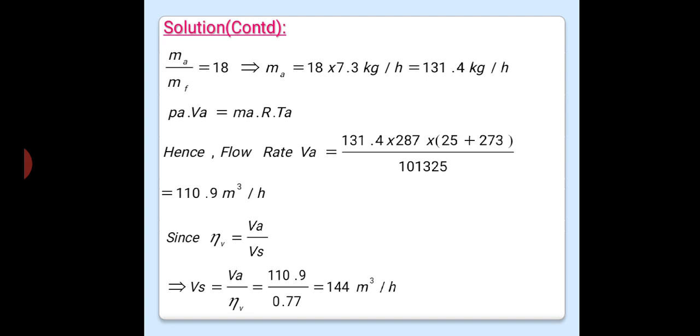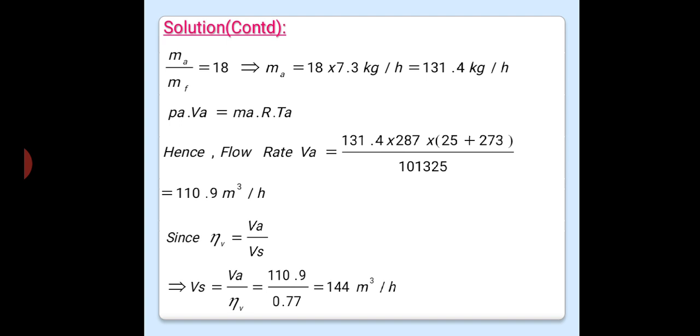Now you know the mass of air, you know the atmospheric temperature, you know the universal gas constant, also you know the atmospheric pressure. So you are going to substitute all these values in general gas equation, that is PV equal to mRT, and you can calculate the volume.